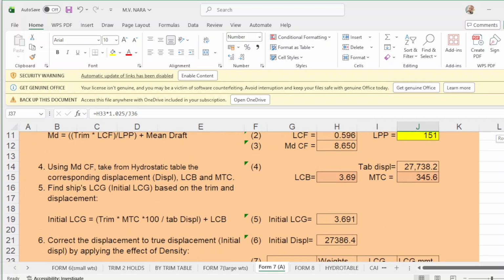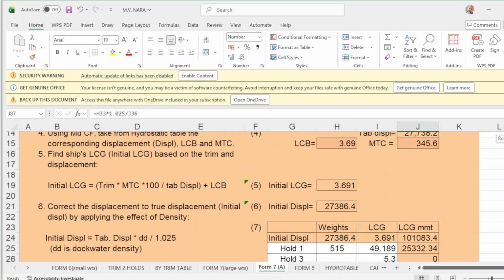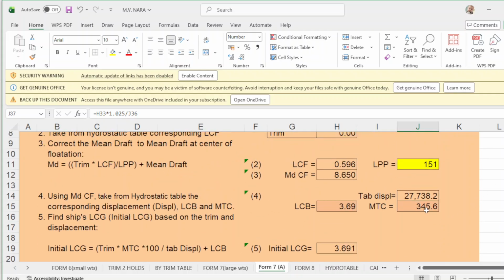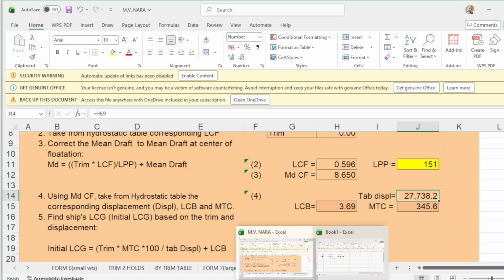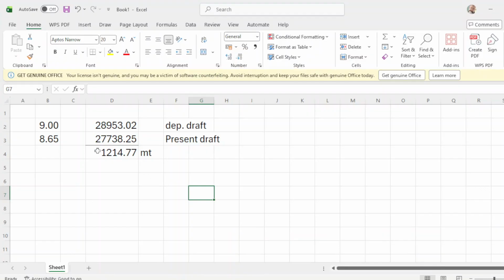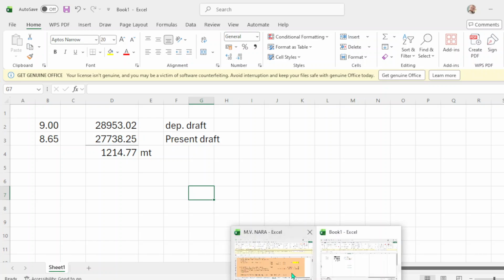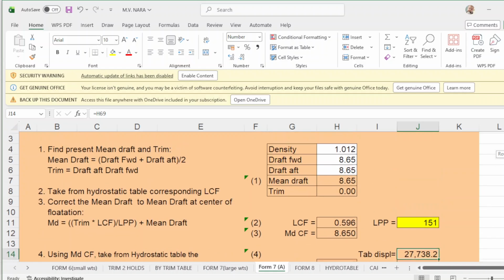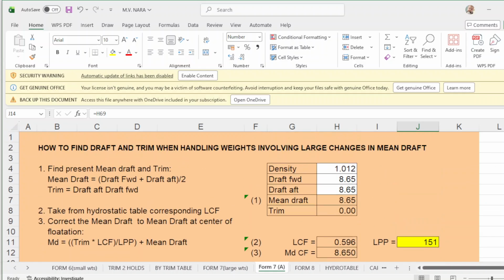This is already water, so this should be 277382. See? It's correct. With your density, 382, that is your density of 1.012.